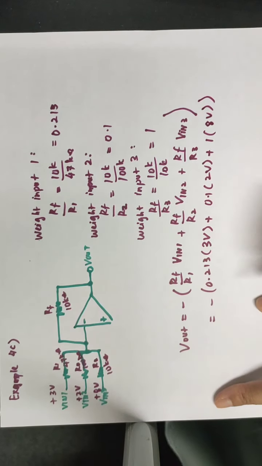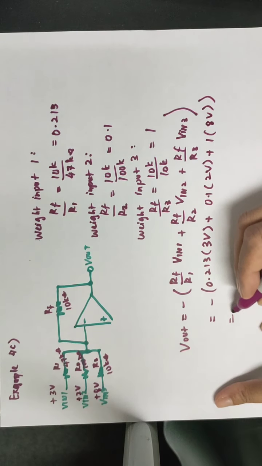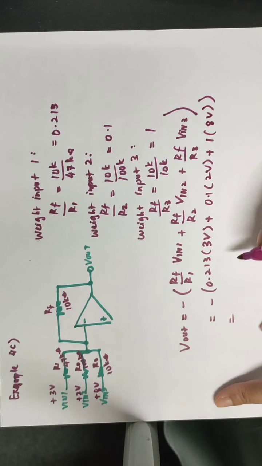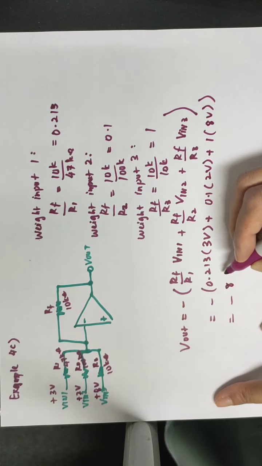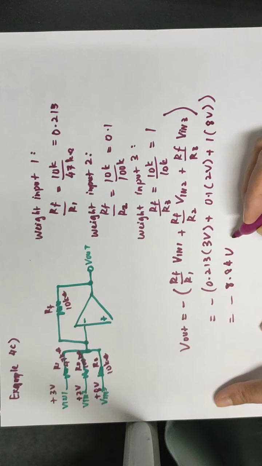Summing all together, we get negative 8.84 volts.